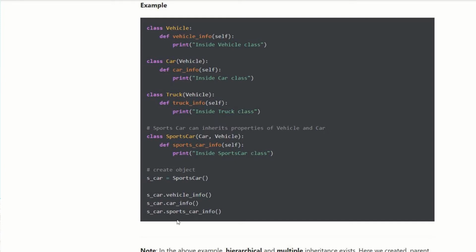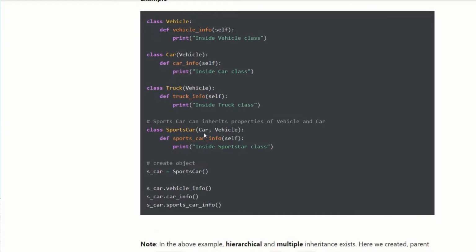Okay? Then this car.sports_car_info. Okay? So this is an example of the hybrid inheritance. Okay? So there's a combination of types of inheritance. For this one, hierarchical and multiple ang nag-combine. So, itawag siya hybrid na inheritance. Okay?